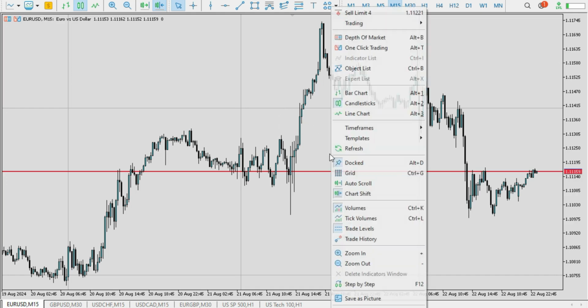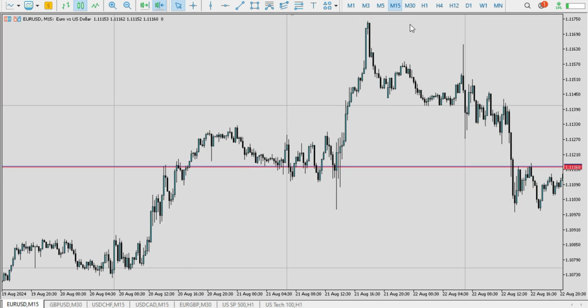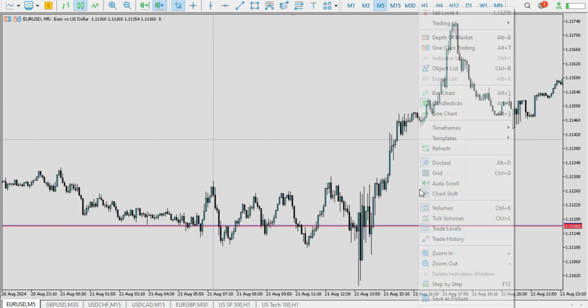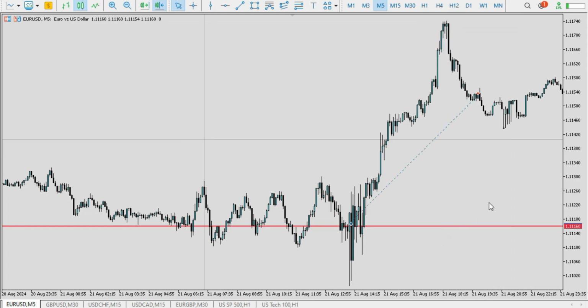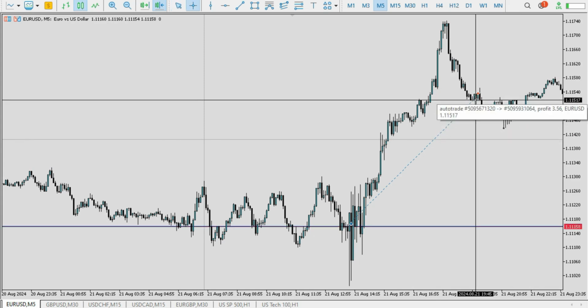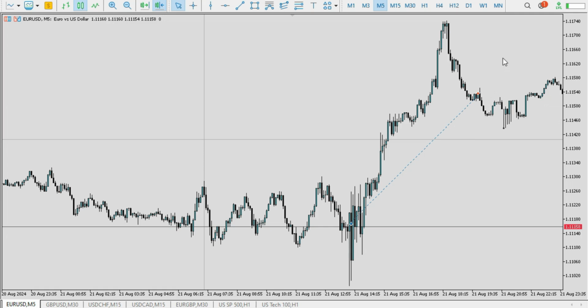So let me quickly show that. Let me use a 5 minute time frame, and there it is. Again, I didn't want to take partials because I had much more expectation for the trade, but I was trading stop losses, and then it stopped me out.